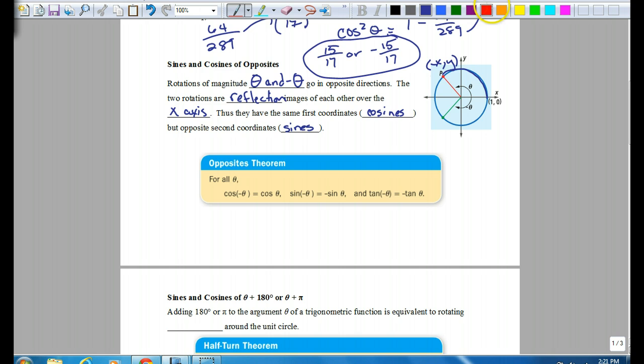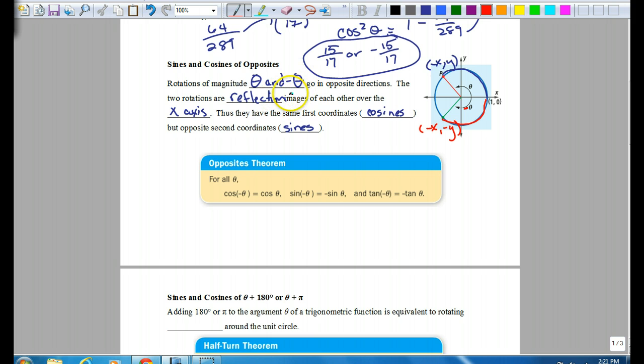But if I were to go the opposite direction, in the negative theta direction, right here to here, notice that theta is negative. My x is still negative. It doesn't change because it's still on this side, but my y now is a negative y. So that's what this is telling you: if you have a positive theta, your x's don't change, but your y's are opposite.